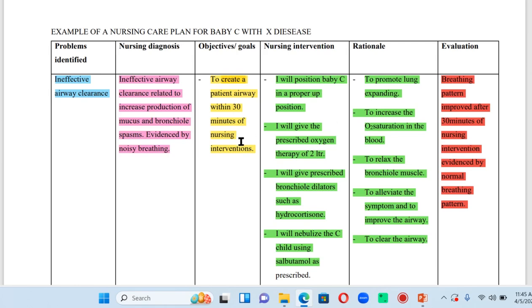If you count, 1, here 2 which is 3, here 2 which is 5, here 4 which is 9, here 1 mark which is 10 marks. If they say identify 5 problems, that is 10 times 5, which is 50 marks. So once you write the proper nursing diagnosis, objectives, nursing interventions, rationales, and evaluation, it's possible that you can get the full 50 marks.